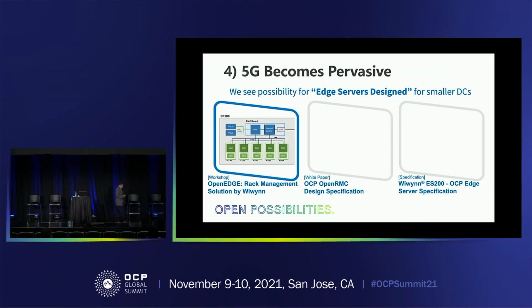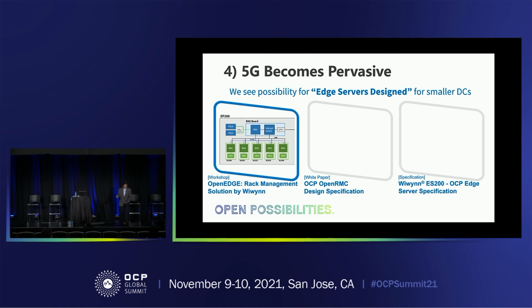Okay, 5G. 5 more minutes. So 5G becomes pervasive. The first one is OpenEDGE. So what does that mean? It means that data centers are going to go disaggregated, smaller data centers, widespread data centers in different locations, not necessarily all homogeneous environment.